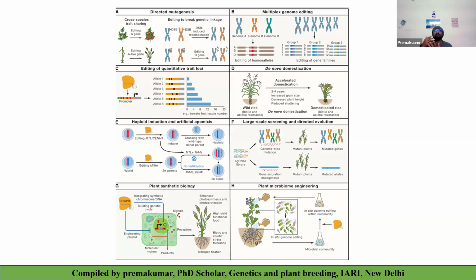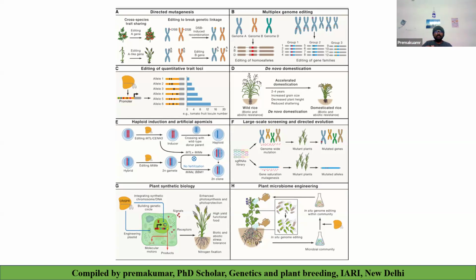For example, you can modify different genes by providing different single guide RNA strands in a single construct and edit all the genes. That is called multiplex genome editing. There are Cas9 based multiplex editing and Cas12 based multiplex editing. I'll share the paper, please read that.